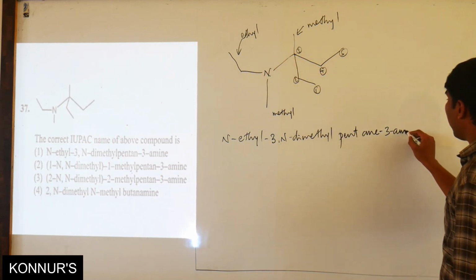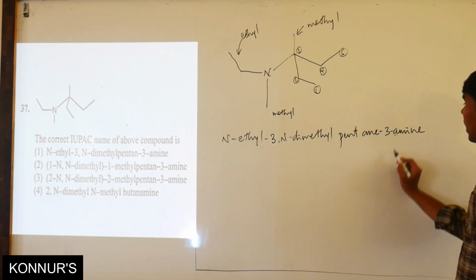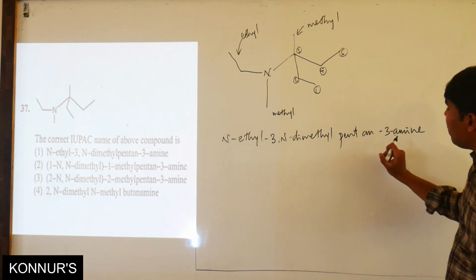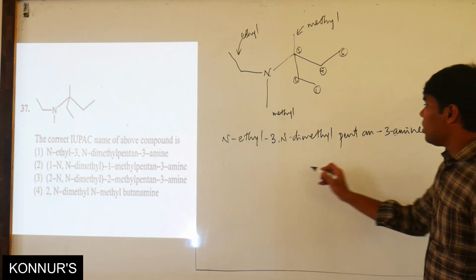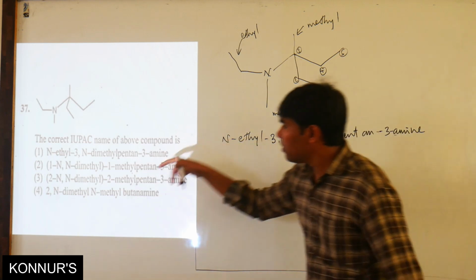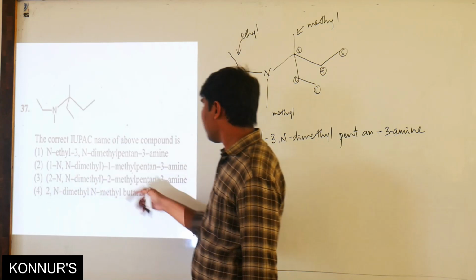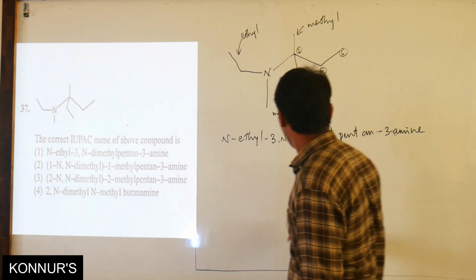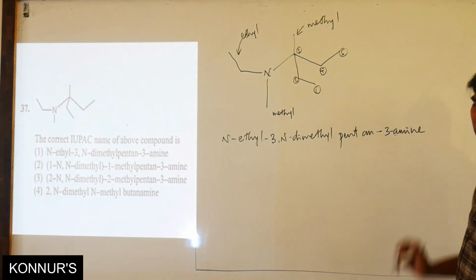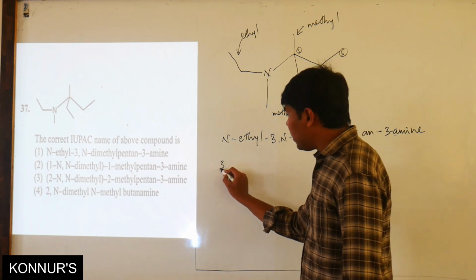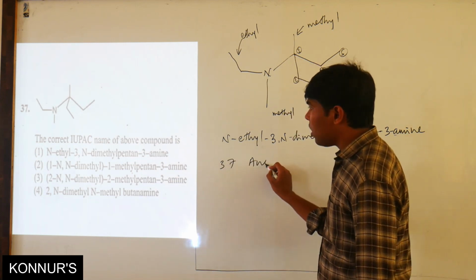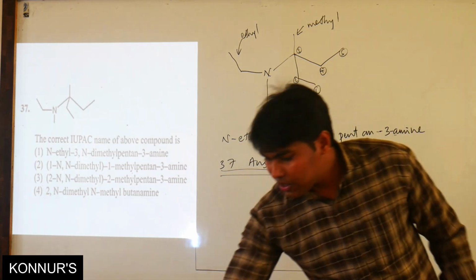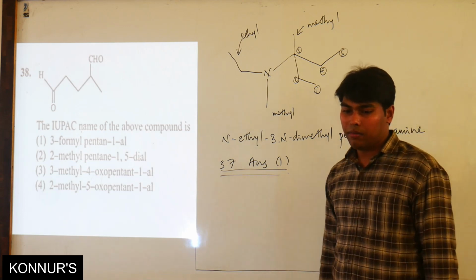So 3-amine, where A is the secondary suffix starting alphabet, so we need to eliminate this E. So this is the whole name: N-ethyl-3,N-dimethylpentan-3-amine. So for the 37th question, your answer will be option 1. So that is it, and moving onwards to the next slide, the 38th question.